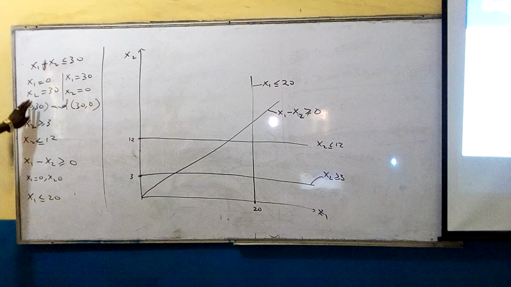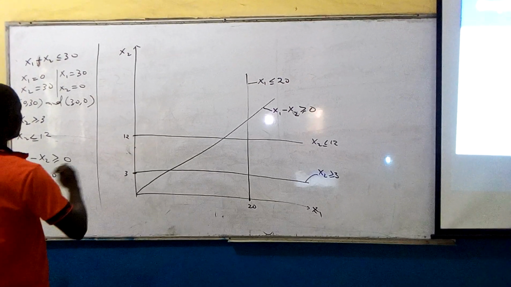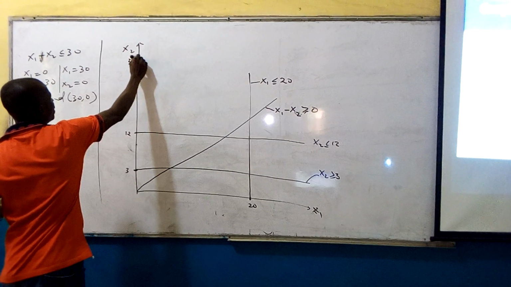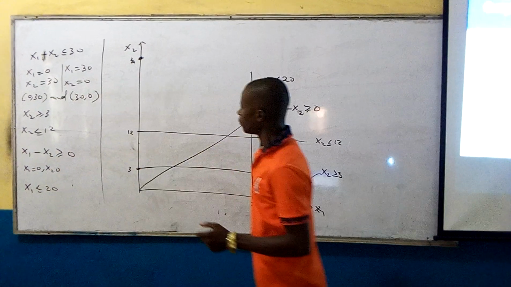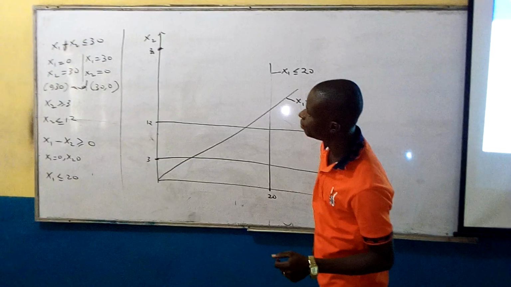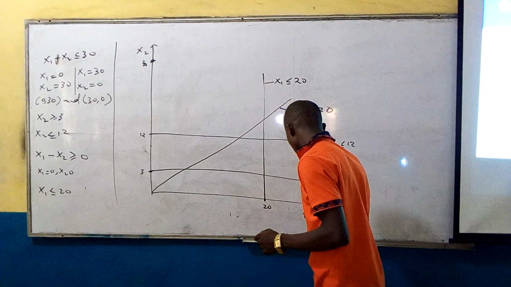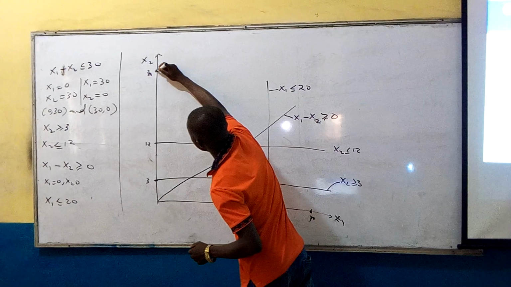Now let's look at the first constraint. We have 0 and 30. So let's assume this is 30, and the other one is 30 and 0. Because we are not drawing to scale, we might not get what we want.